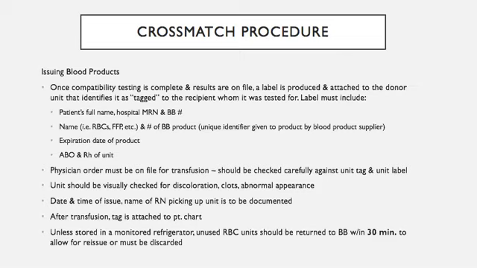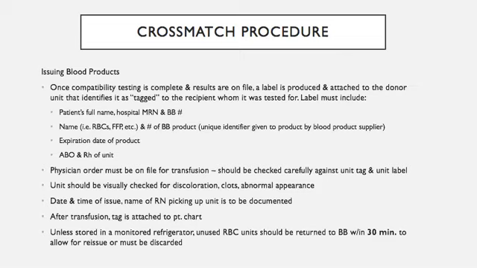Okay, when we are issuing blood products, once that compatibility testing is complete and we've got those results on file, a label is produced and it gets attached to the donor unit that identifies it as tagged to the recipient who it was tested for.